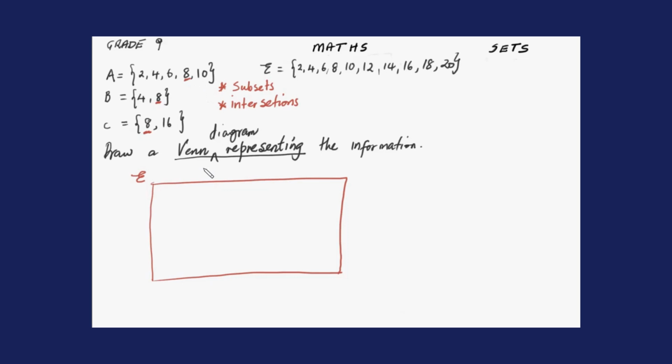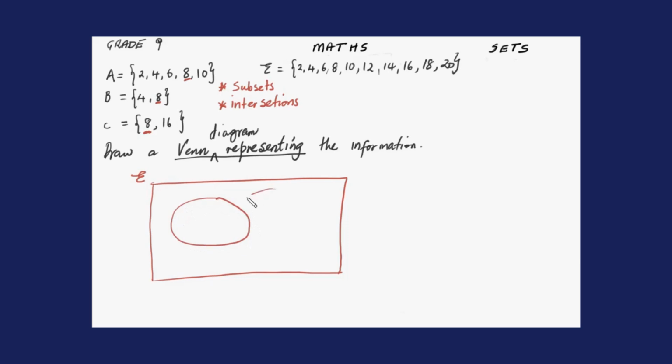Okay. Now, once you find it out, you just have to look at the subsets. All right. Is there any set that is a subset of the other? Let's look. No. Good. So that means you are now allowed to draw them.